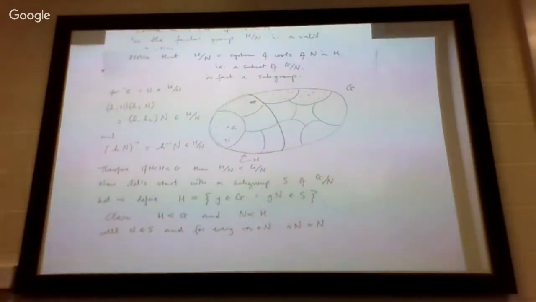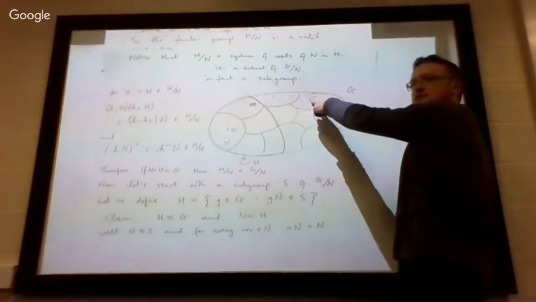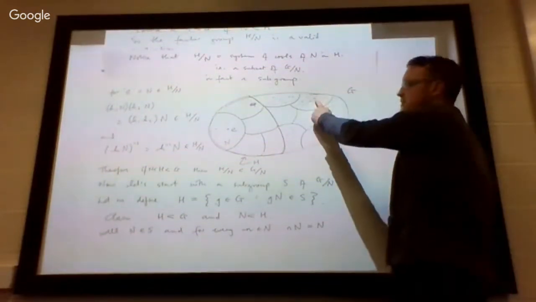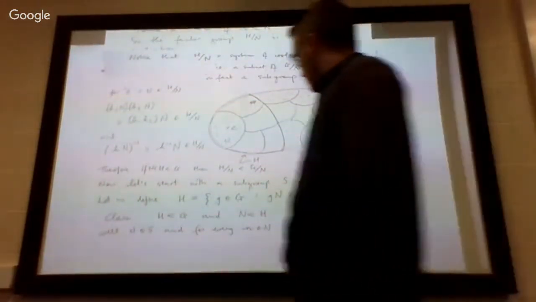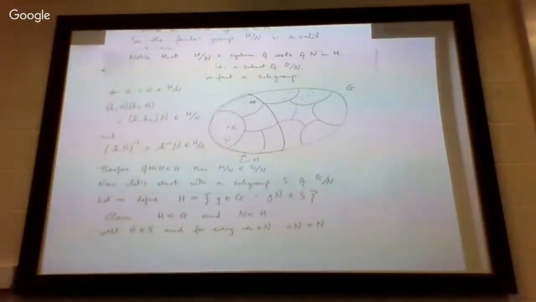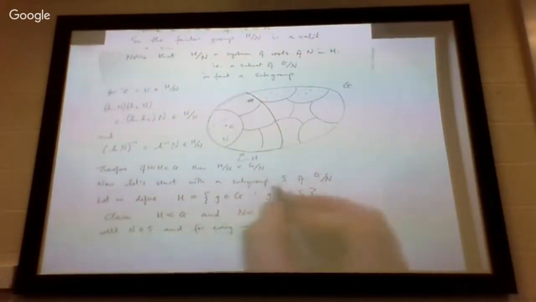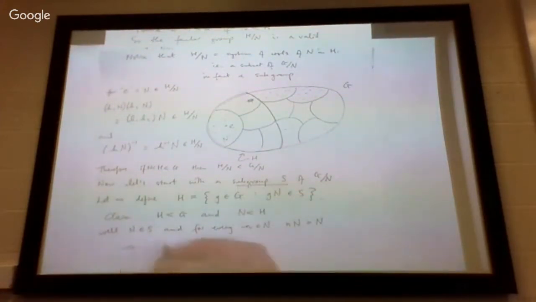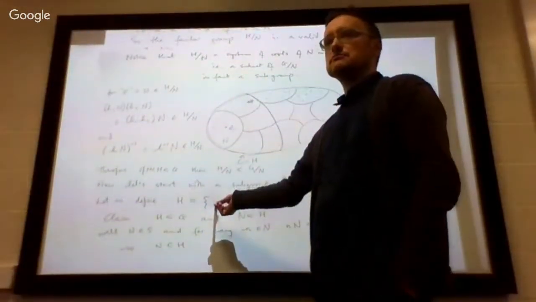Take any element from a coset. Remember, all these elements within a coset are equally good representatives of that coset. So they can be the one that multiplies N on the left to bring you over here. So all of these elements, little n from N, give you the identity element, which is in S, because we assumed S was a subgroup. So therefore, N is a subset of H. Because all the little n's qualify as these little g's.